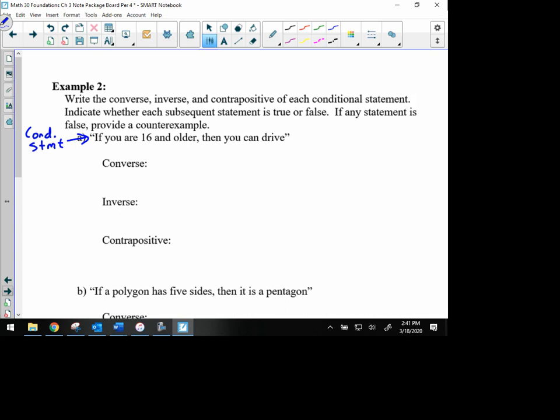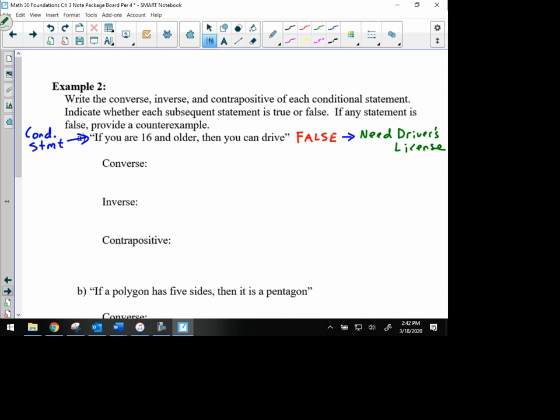So you might say this is false, and the reason for that might be that you need your driver's license. So it's just not automatic that you can drive when you're 16. So there's a counterexample.